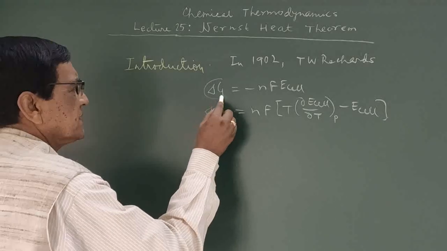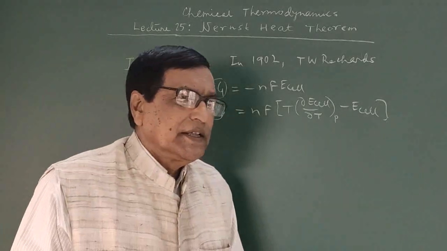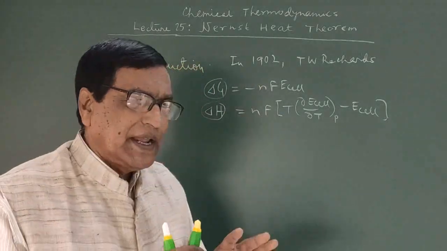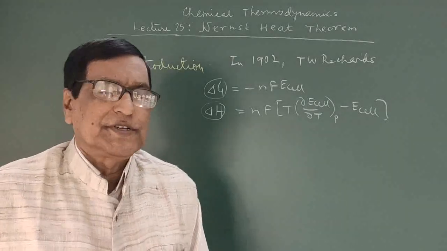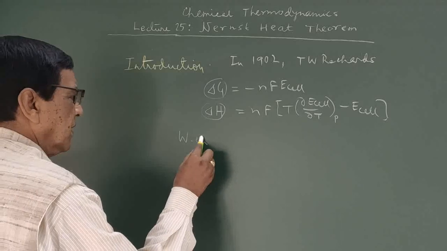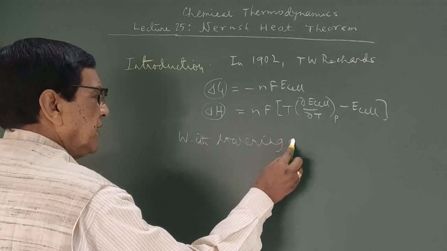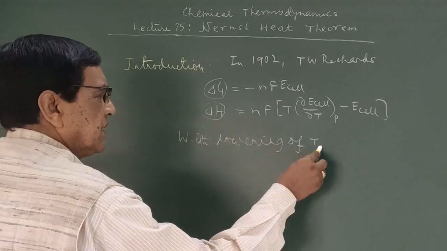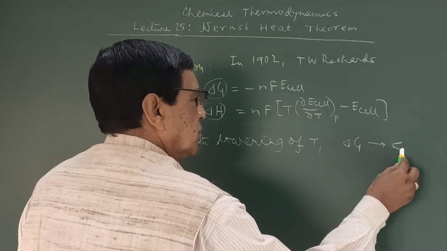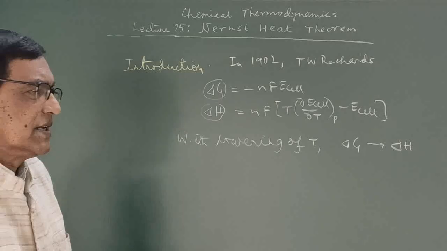These two properties of the chemical reactions in galvanic cells he was determining at very low temperatures, and he found that with lowering of temperature, this delta G is approaching the delta H of these cell reactions.